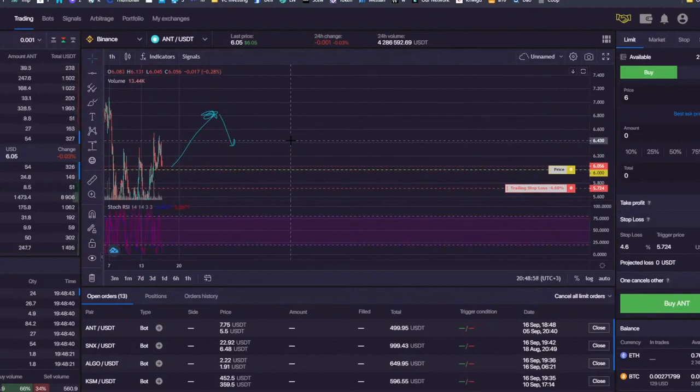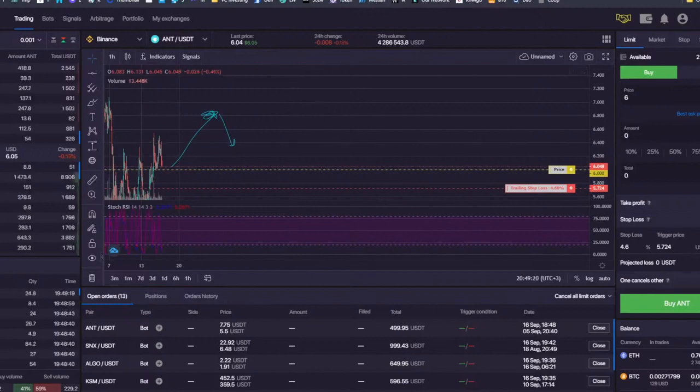unexpectedly and you are away from your computer, and you don't have a chance to close this trade manually, for example, then at least you know that you have this trailing stop loss that will save your returns because it now acts as pretty much a trailing take profit.